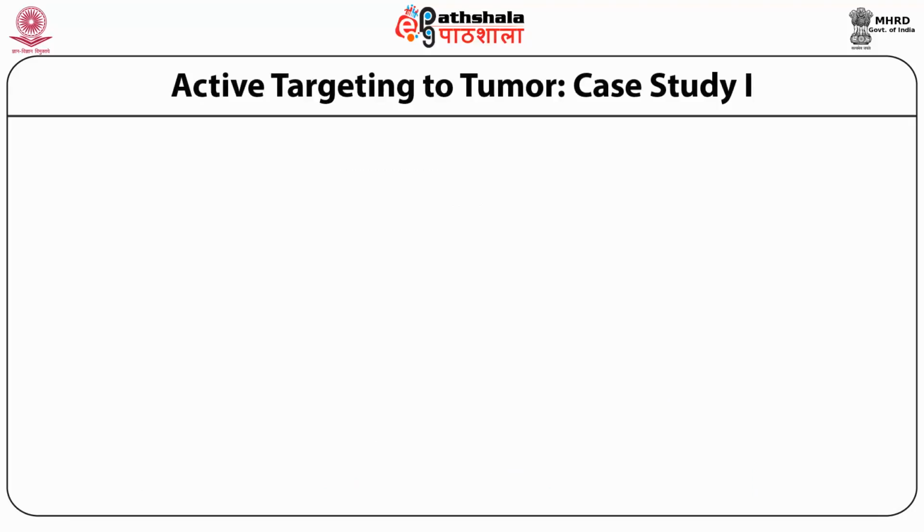Active drug targeting to the tumor site. The active mode of drug targeting is preferred over passive targeting due to the high affinity of the ligands toward the receptors on the tumor cell, which are overexpressed in comparison to normal tissues.